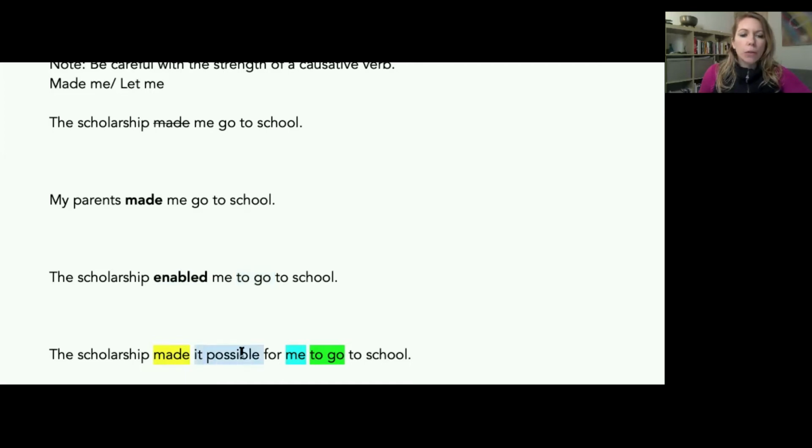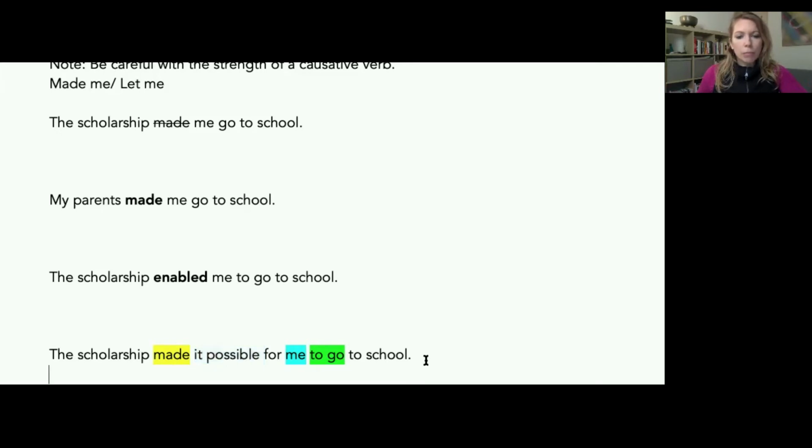So if you then say made something possible, now that fits the meaning better. The scholarship itself didn't make you go to school. It made certain conditions possible for you to go. It allowed those conditions to happen. So if you want to do that, that would be a good way to state it as well.